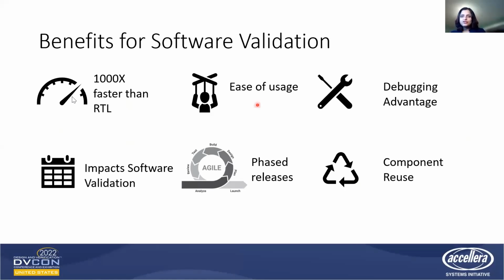The ease of usage. Now, the virtual prototype is built in SystemC, inherently C++, which is easy for a software person to navigate, debug, and use. And the source code was built in Visual Studio, which the software team is more habitual of using.